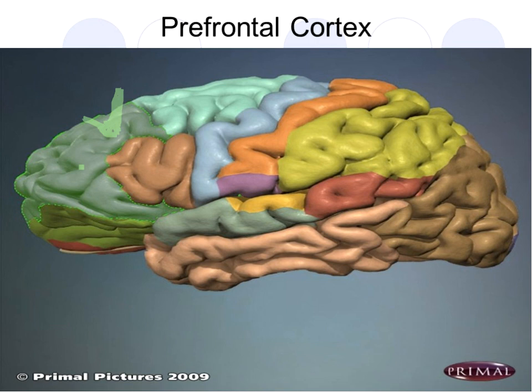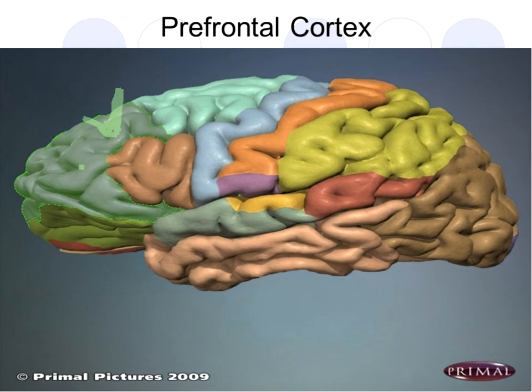So if you look at area 11 on figure 2.6, that area, and 12 goes further under. If you have damage in that area, you have problems with inhibition, so that you can't inhibit your behavior. And so you'll do things that you would never do. You'll say things that you would never say, okay?